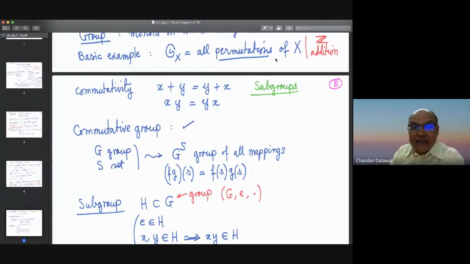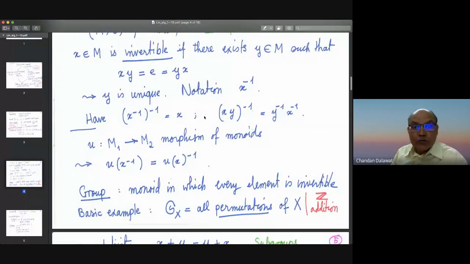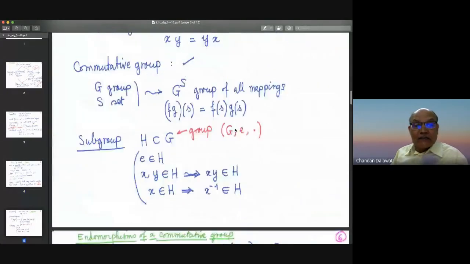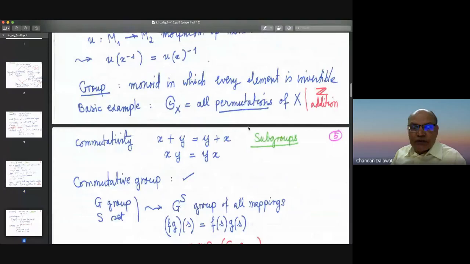So these invertible elements themselves are stable under composition. If each of X and Y is invertible, then so is their product. In other words, all permutations of any set X form a group, and this is called the symmetric group of X, and it's denoted S of X. This letter S is a German way of writing S.